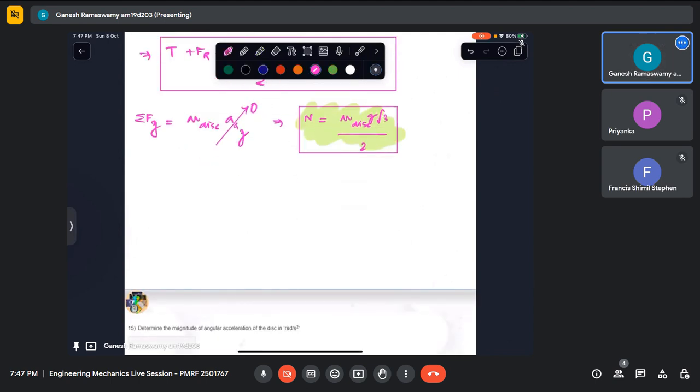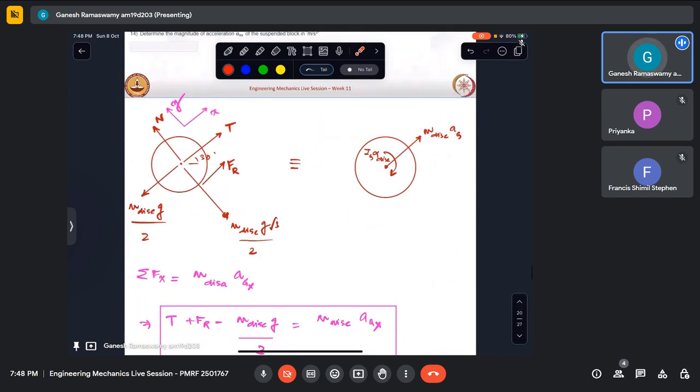All right. Similarly, if I take moment about some point, let me take it about the center. Moment about G is Ig alpha. Note that if I don't take it about G and if I take it about some other point, then what will happen? I'm taking this about G. So this contribution is 0.